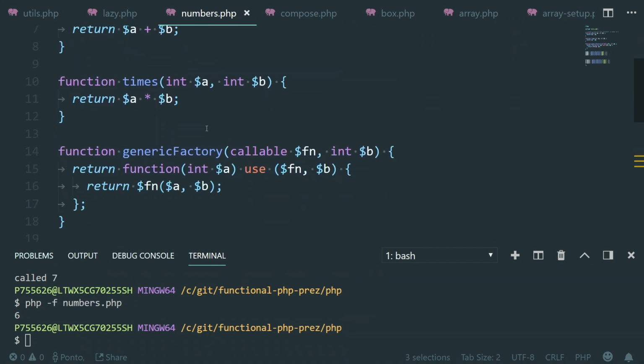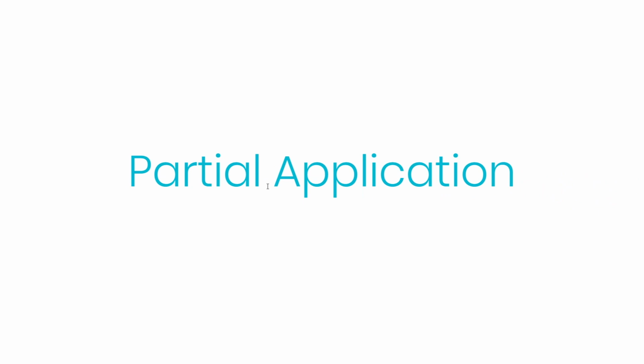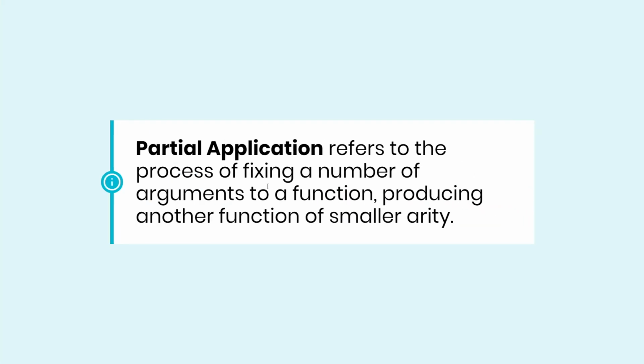Our generic factory that we created is an example of using partial application. So let's look at the definition here of partial application. It refers to the process of fixing a number of arguments to a function, then producing another function of smaller arity. And arity means the number of arguments that it takes.